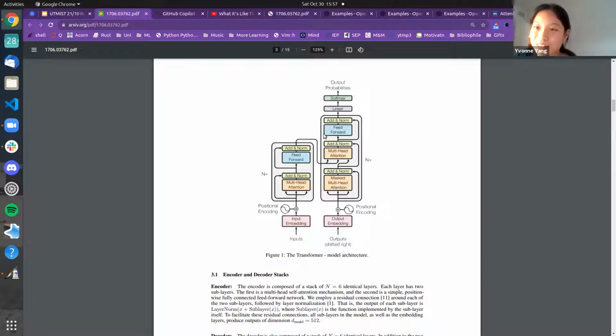The output going into the decoder is a sequence of words that you've already outputted. And then this output probability is going to be for the next one word. So if you have an input of length n, then you basically just feed the words one by one into the transformer n times.